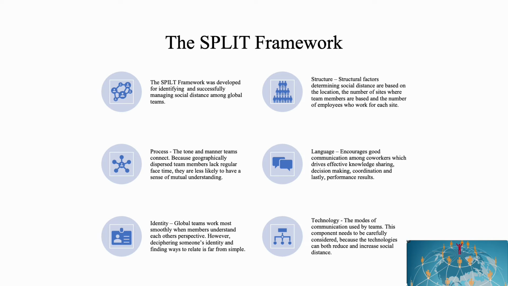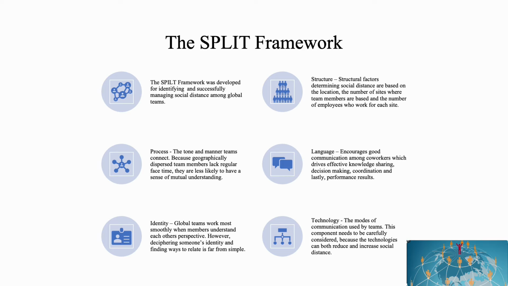With teams being geographically dispersed, members often perceive an imbalance of power. Members sometimes feel that they are in groups and out groups, which creates a negative dynamic. The second component, which is process, covers the tone and the manner in which teams connect.